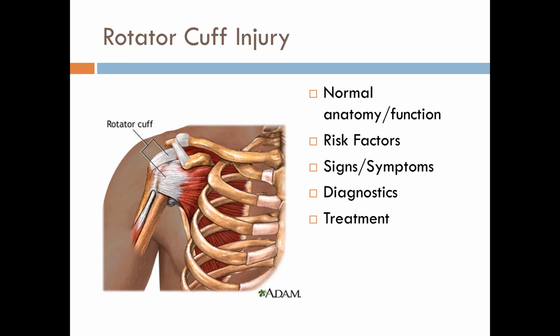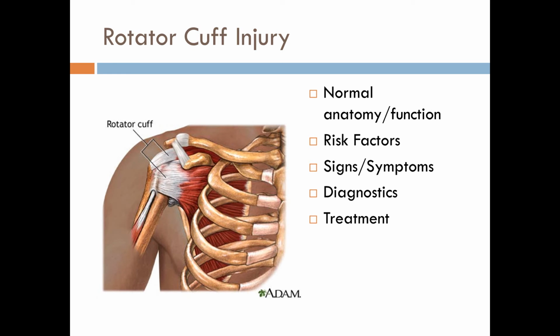It's also composed of 4 different muscles in the shoulder: the supraspinatus, the infraspinatus, the teres minor, and the subscapularis muscles. Sorry if I mispronounced any of those. I can't remember from my anatomy how you say supraspinatus, but I do remember what they look like, crazily enough. So you're going to have 4 different muscles in that shoulder.